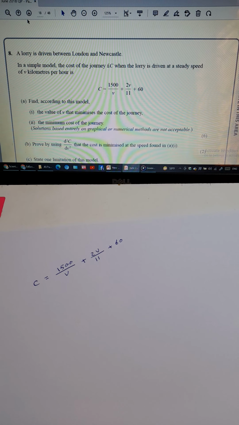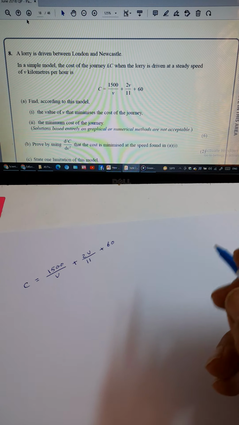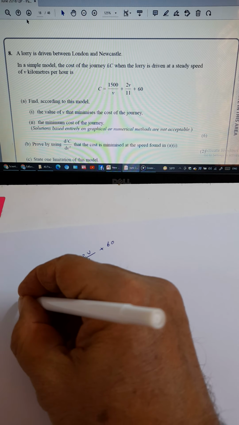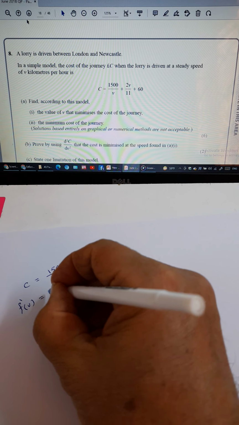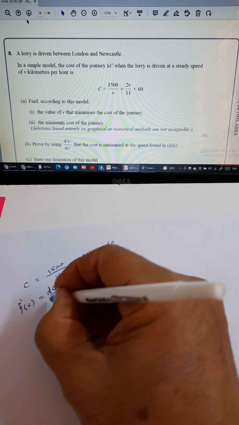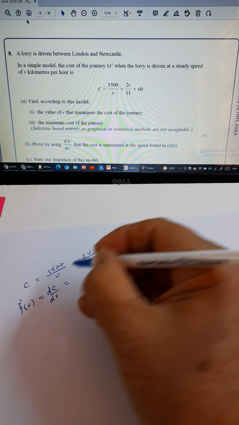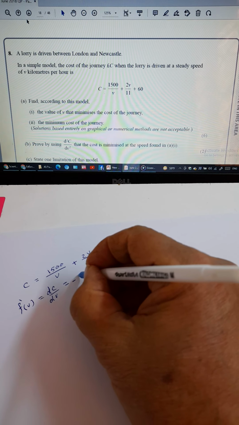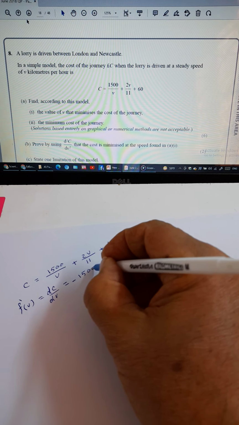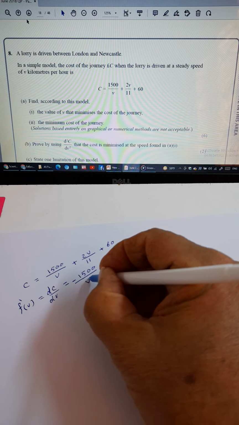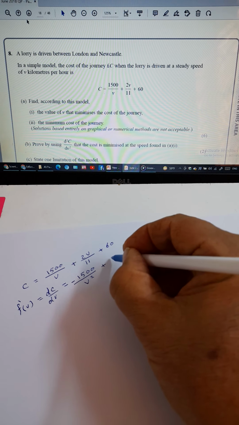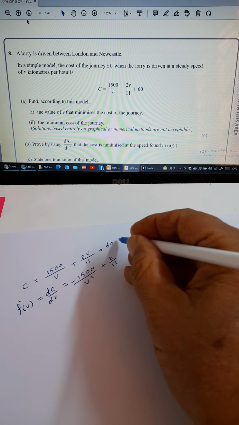In this case, we differentiate this formula, set the first derivative equal to 0 and solve it for V. So the first derivative, f prime of V, equals dC by dV, equals minus, the derivative of 1 over V is minus 1 over V squared, plus 2 over 11 plus 0.